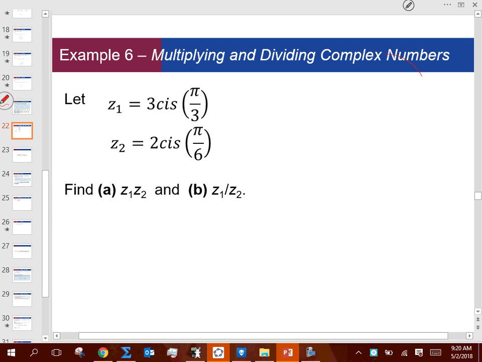Using what we just talked about, if I want to find z1 z2, it is r1 r2 cis theta 1 plus theta 2. So r1, like I said, was that number there. r2 is that number there. And then I go cis pi over 3 plus pi over 6.